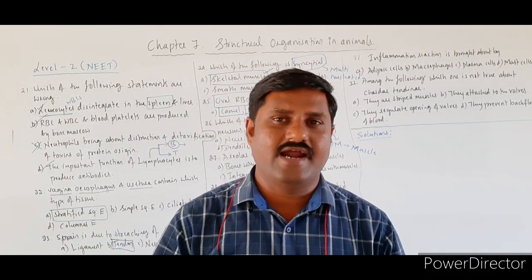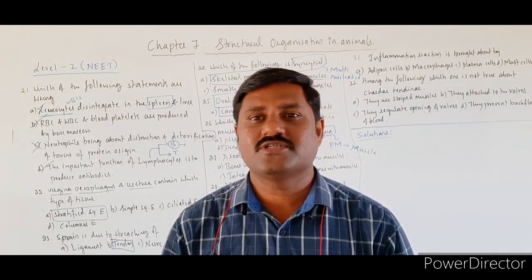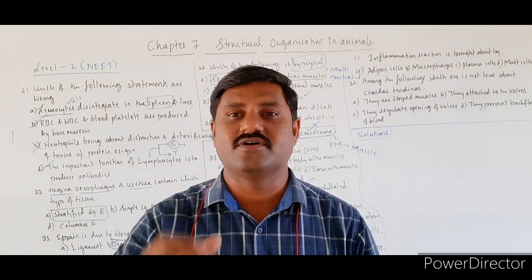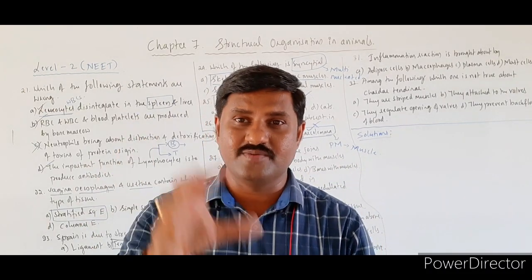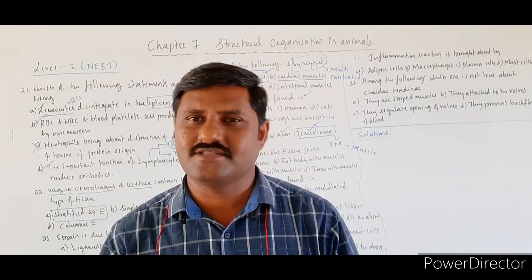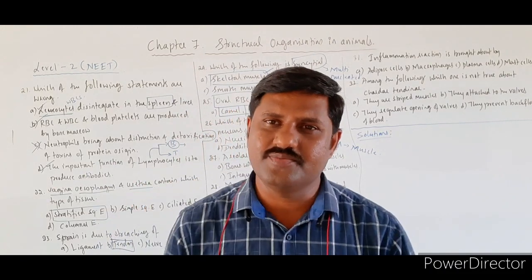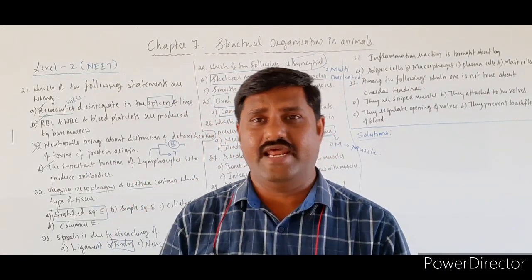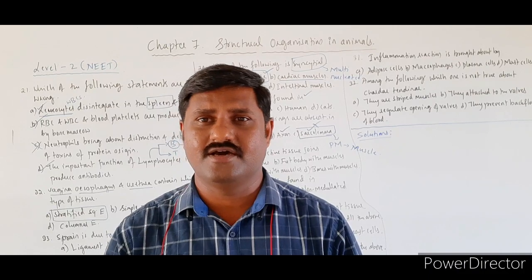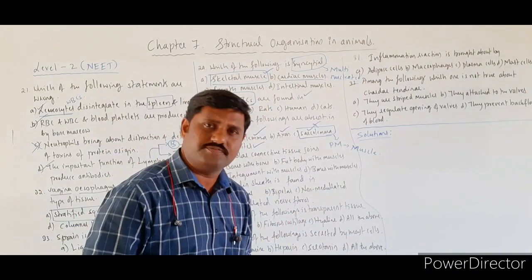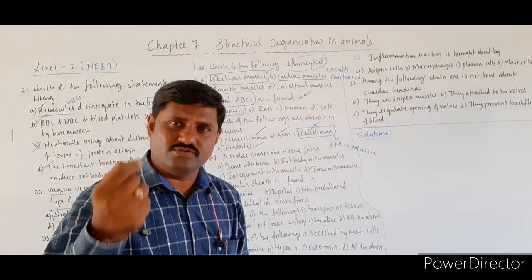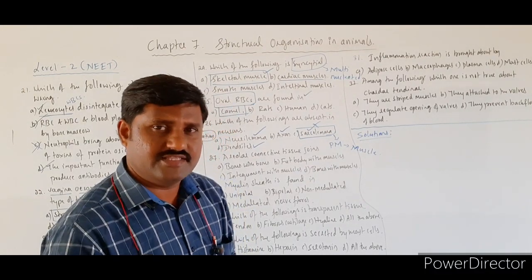This tissue is mostly present in the gaps between organs, acting as a cushion and a filling material. All these things I have covered in the theory part itself. Then where actually it is present? Seeing the options, we will come to know some clues. So let us study them.